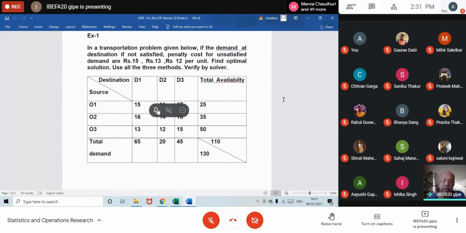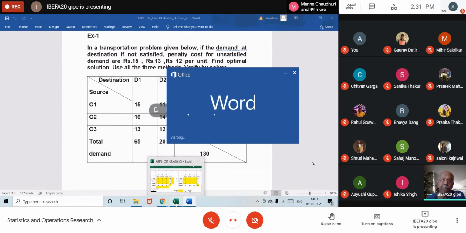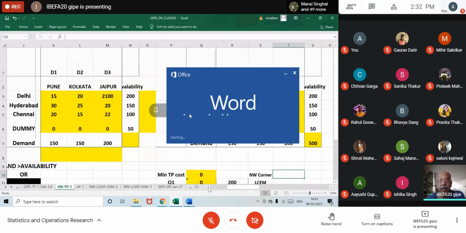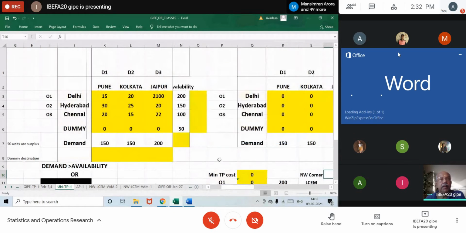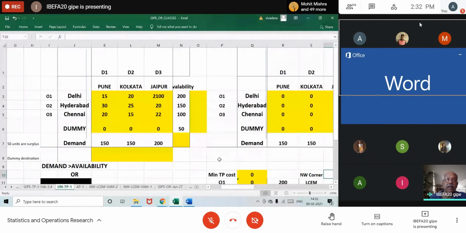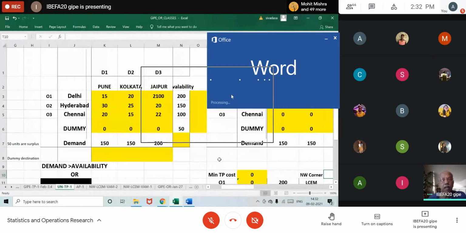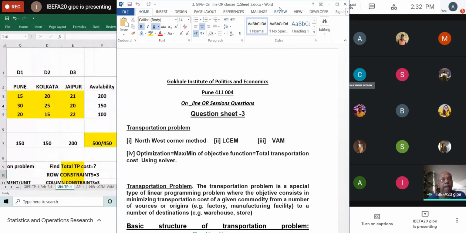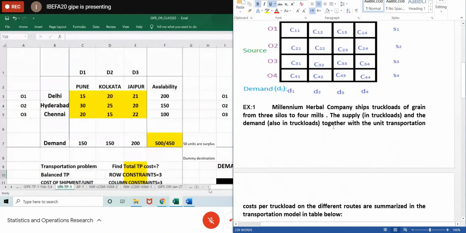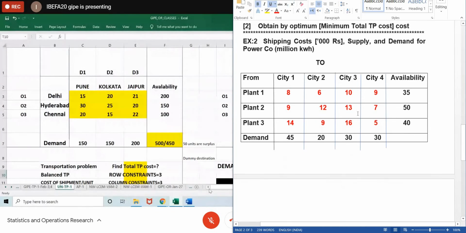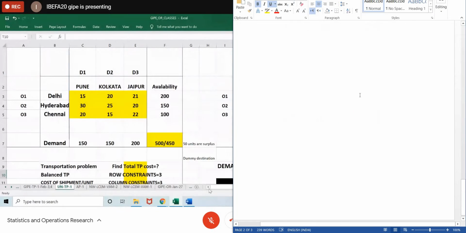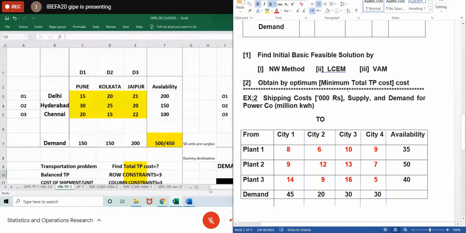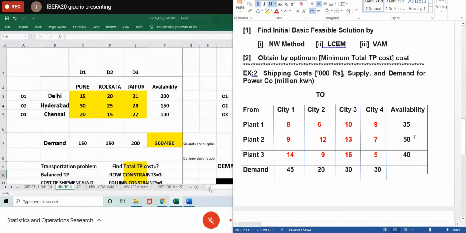So let me start with my example first. This is the example. We have started last day, but it is unbalanced. 3 origin of production center, Delhi, Hyderabad, Chennai, and 3 destination, Pune, Kolkata, Jaipur.